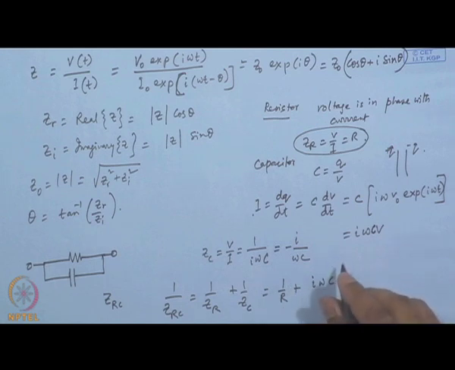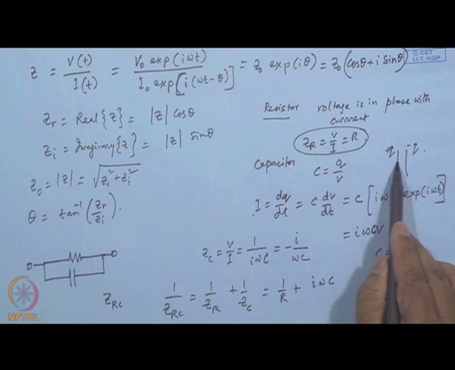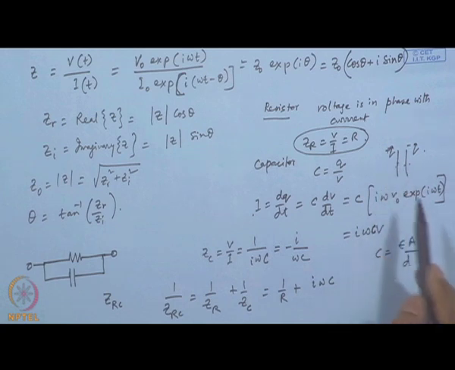Now, if one also makes note that C is equal to epsilon A by D, where D is the distance of separation between these two capacitor plates, A is the area of the plate and epsilon is the permittivity, and one also notes that R is equal to D divided by sigma A, with conductivity and the area, these are classically how C and R are defined for an electric circuit.